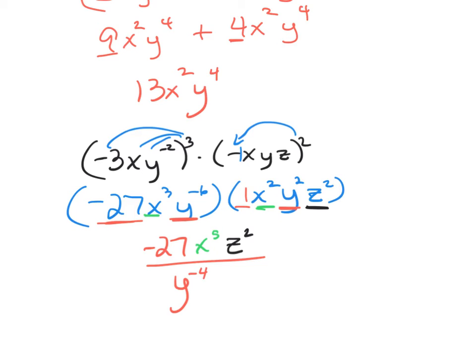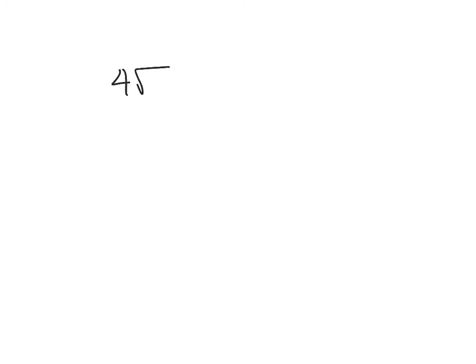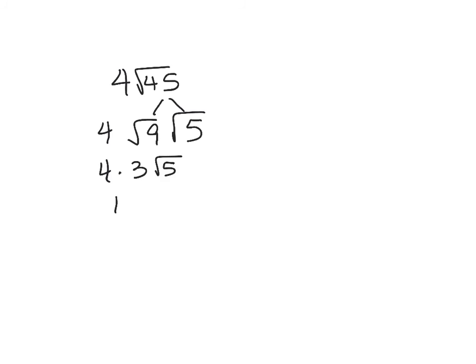Let me do 4 quick square root examples, just to practice. First one is 4 square root 45. Remember, we want it in simplest radical form, so we're going to break the 45 into 9 times 5. If you realize 9's a perfect square, square root it, and you get 12 square root 5.